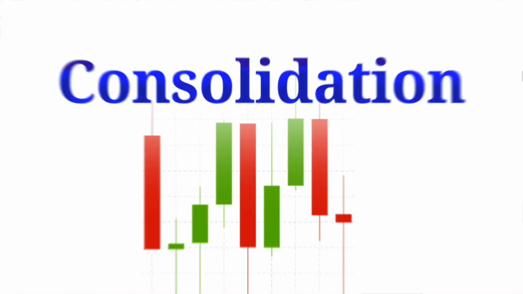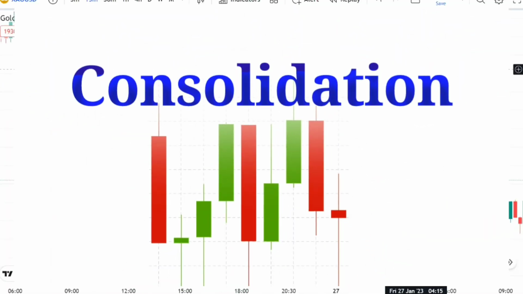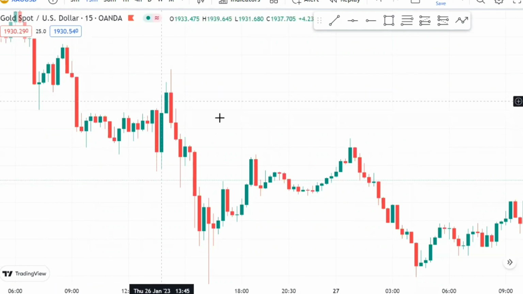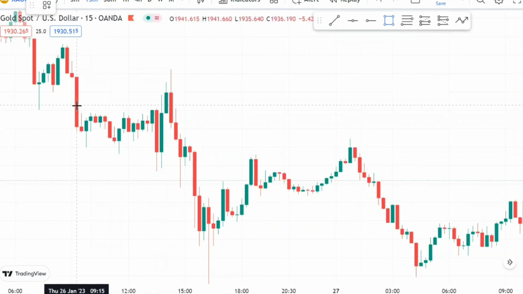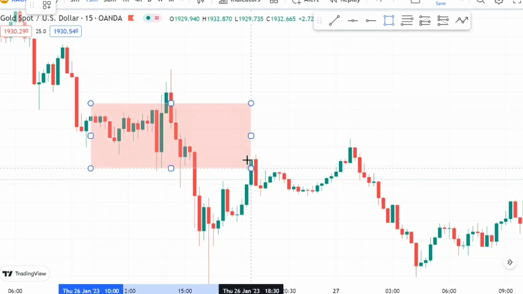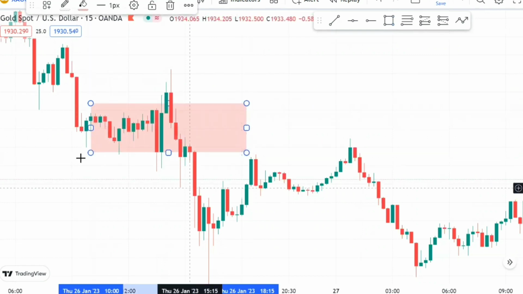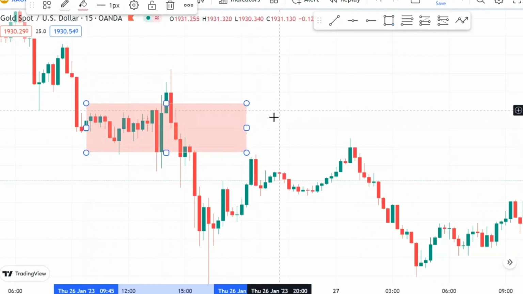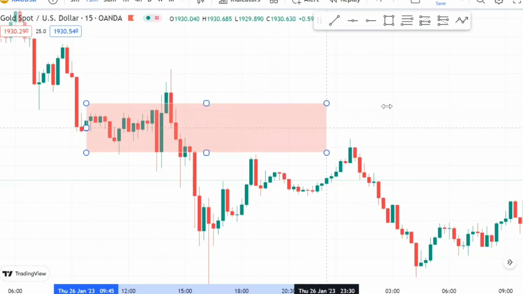The third way I draw my supply and demand zone, guys, is through consolidation. As you can see, price is literally consolidating here. So what I basically do is pull up my rectangle to draw a box around the consolidation, just like this. As you can see, price literally came back to this consolidation box.